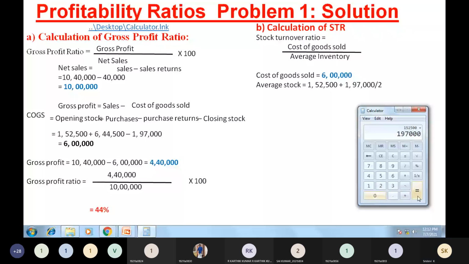That will give you 1,74,750, which is the average stock.